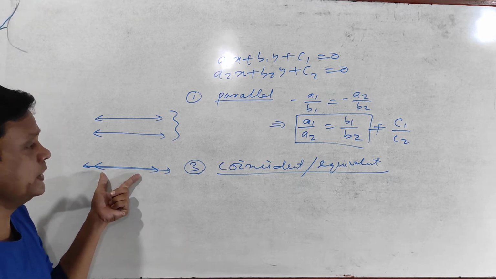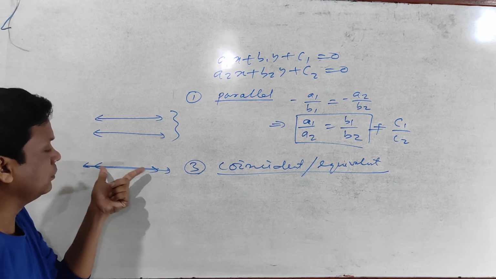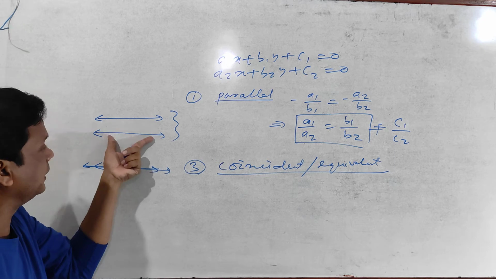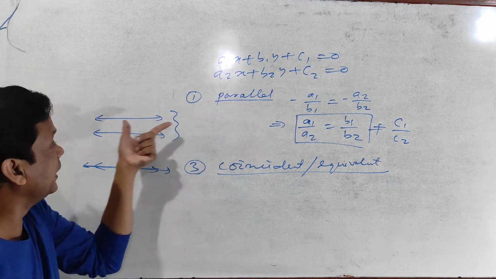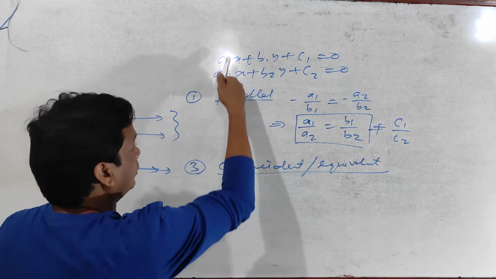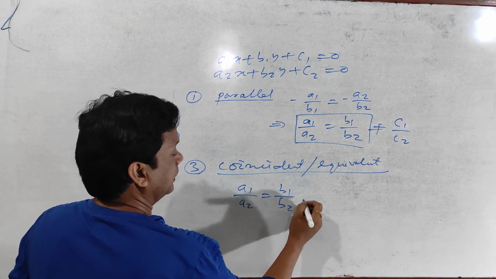This is the third case, coincident or equivalent. It is also a case of parallel, you can say this is parallel, but this is the case I am writing in equation 1. If the first line coincides with the second line, then this will be the third case. And in the third case, it will be a1 by a2 is equal to b1 by b2 is equal to c1 by c2.